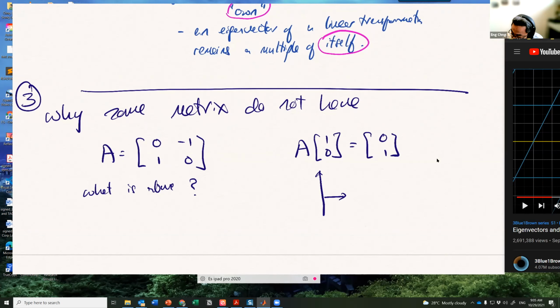It now lands here. So I have moved from this point to this point. I have moved 1, 0 along the horizontal axis to 0, 1 on the vertical axis. What about the other one?